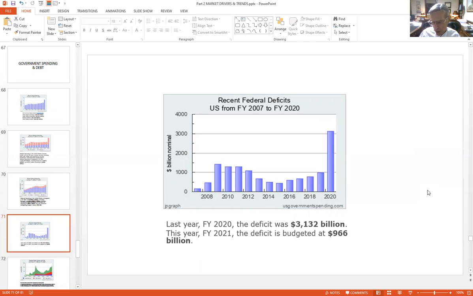In any event, you can see that last fiscal year, ending September 30, was a $3.1 trillion deficit. And the other bars represent deficits in prior years. They're all deficits. They all represent spending in excess of income.